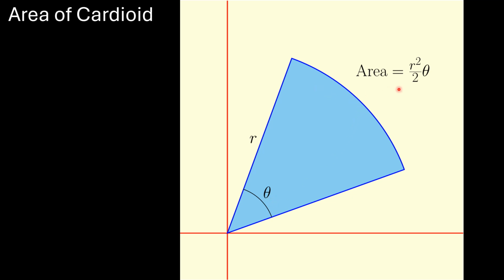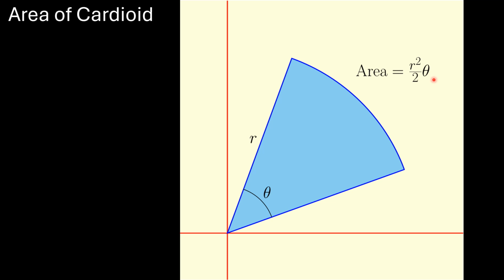If theta is very small, you have a triangle, right? And so the area is half of the base, which is r theta, times the height, which is r. So that's how you may look at it.